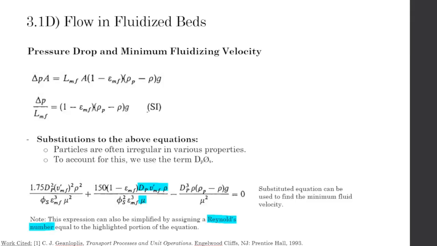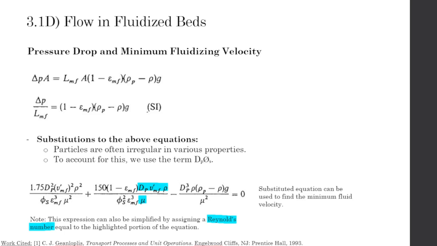So here we're going to talk about the pressure drop and minimum fluidizing velocity and their relationship with one another. So this first equation, we have delta P times A, which is the pressure drop times the cross-sectional area of the bed, equal to LMF, which is the minimum fluidization height of the bed, times A again, which is the cross-sectional area, times 1 minus epsilon mf, and epsilon mf is the minimum porosity for fluidization.